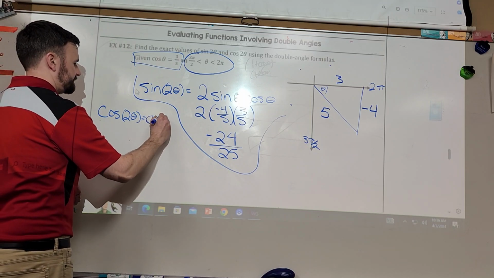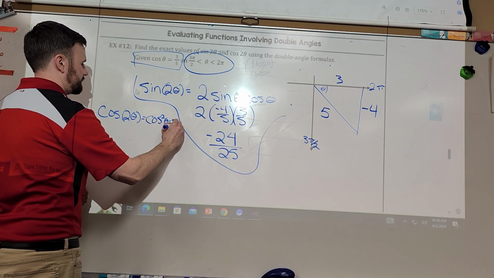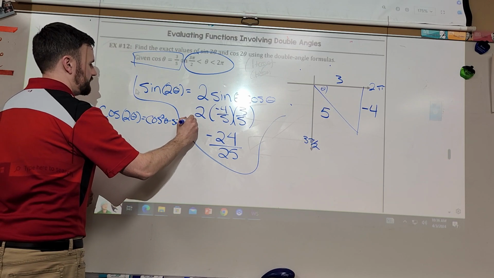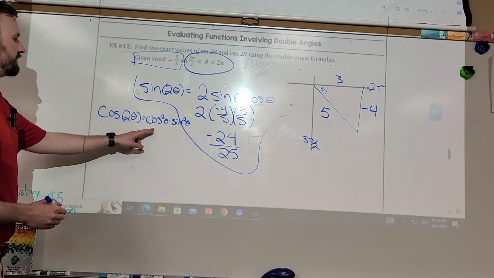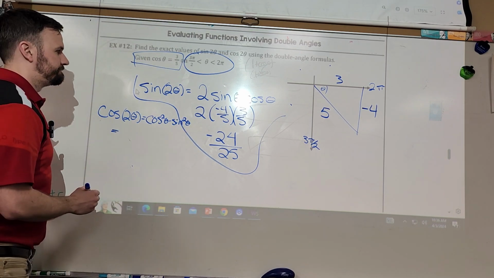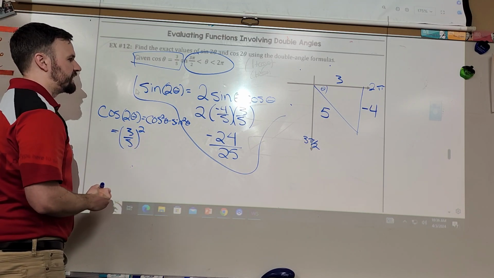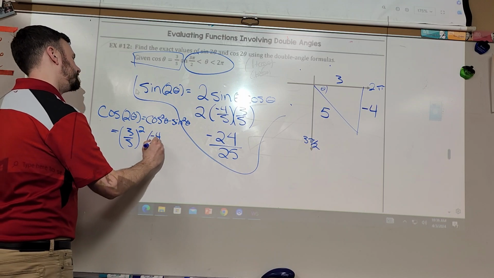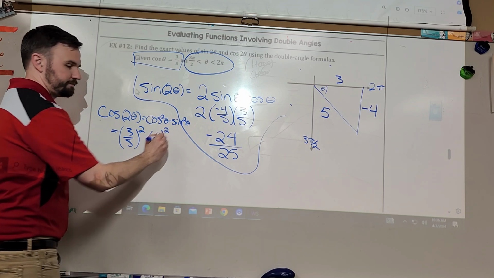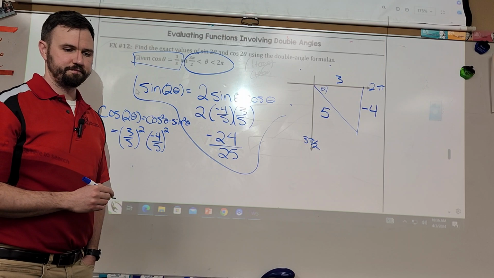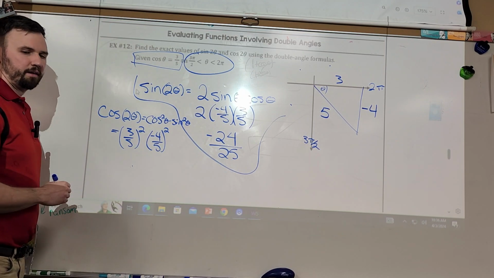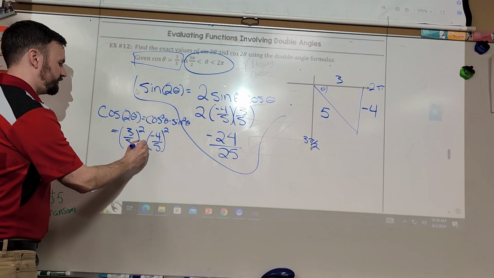All right. Uh-oh. That's on page 144. What's cosine? 3/5. What's sine? -4/5. Oh no. Oh wait, that's a minus, right?